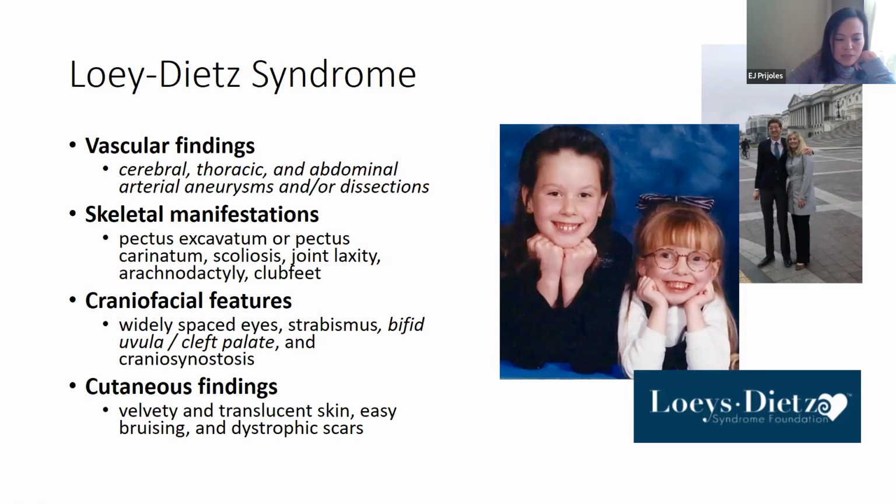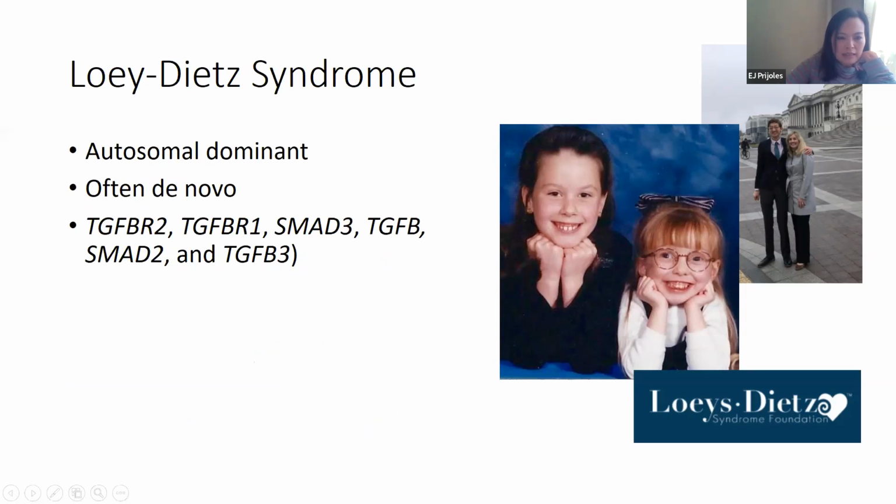They can, again, have similar skeletal findings, but the craniofacial features may also be different, where individuals have more widely spaced eyes, and bifid uvula or cleft palate may be more common. And this also is an autosomal dominant condition, so you may see additional family members with similar findings. It is often de novo, however, and multiple genes have been associated with the condition.